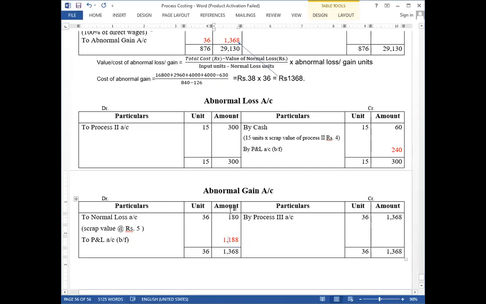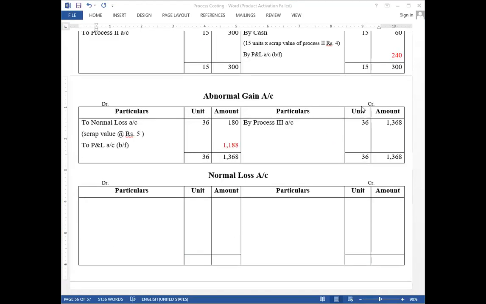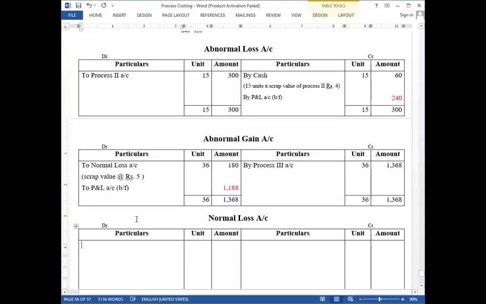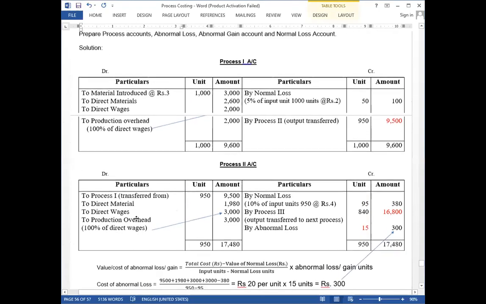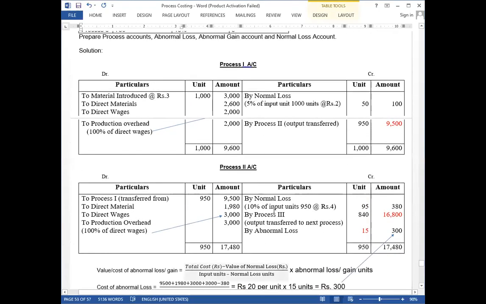Not only this, we have to open the normal loss account also. Shall we open the normal loss account? Now the normal loss account format is ready. So first you should always transfer all the normal loss from all the processes from credit side to debit side. In process 1, you have by normal loss 50 units, 100 rupees.